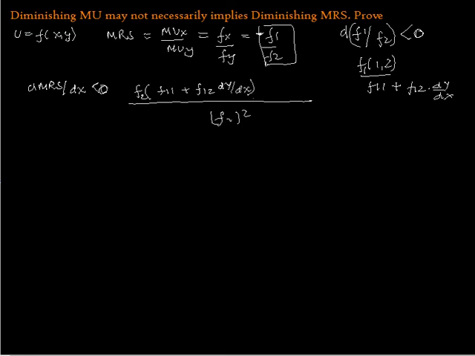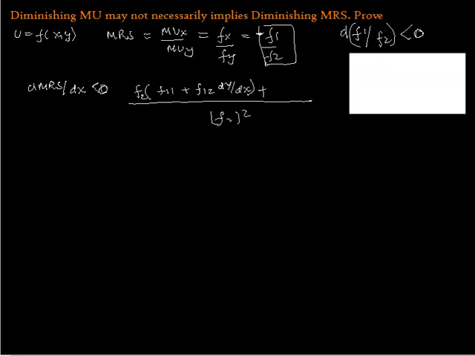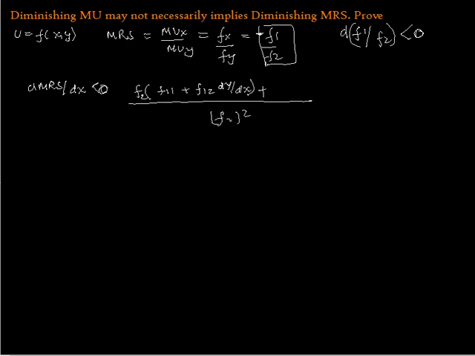And then you do for f2 now. That would be f21 plus f22 into dy by dx.